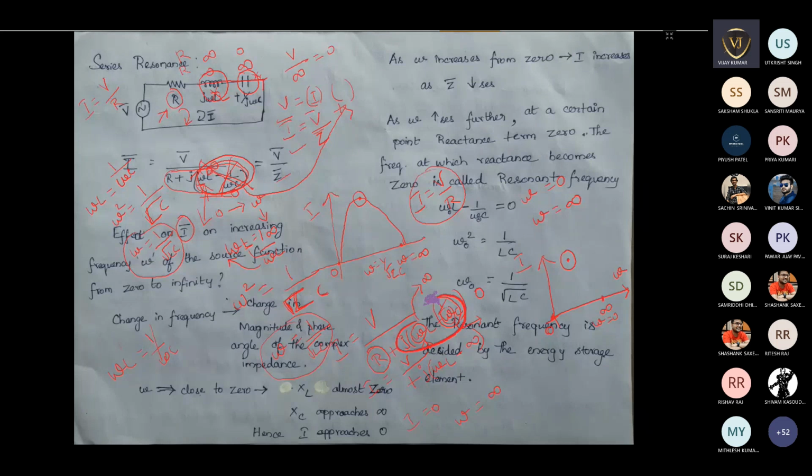Z is equal to the root of R square plus the square of omega L minus 1 by omega C. At the resonant condition, when omega L is equal to 1 by omega C, this term gets cancelled out, and you will get Z equal to R. For all other values, this complete Z will be greater than this value. Only at the resonant condition do you get Z equal to R.